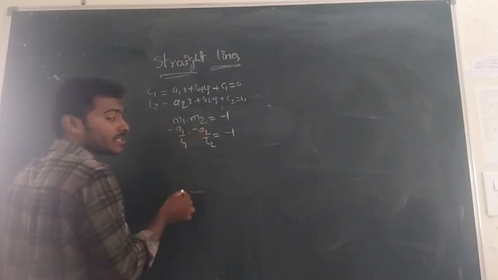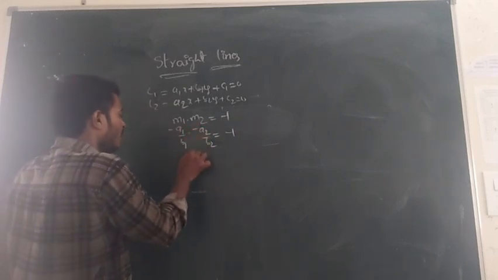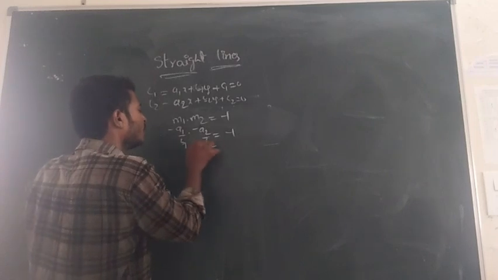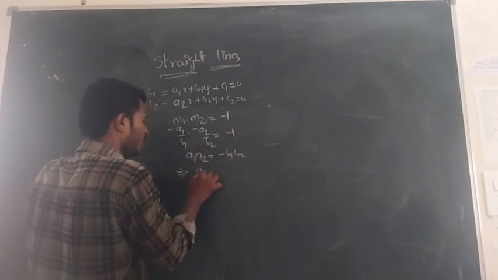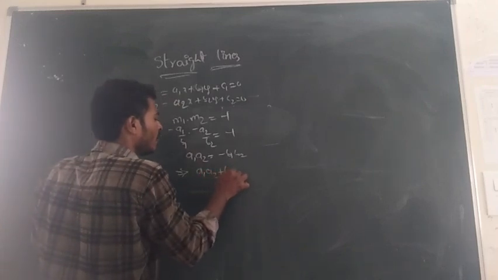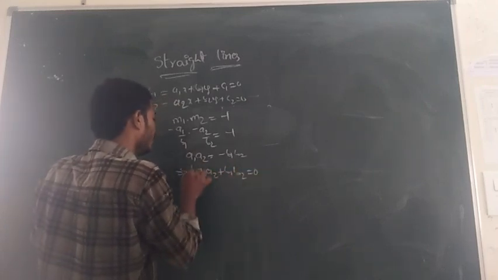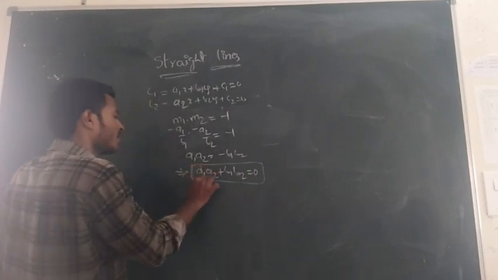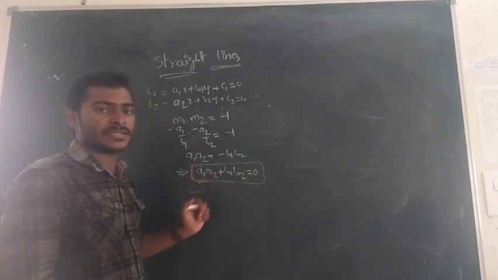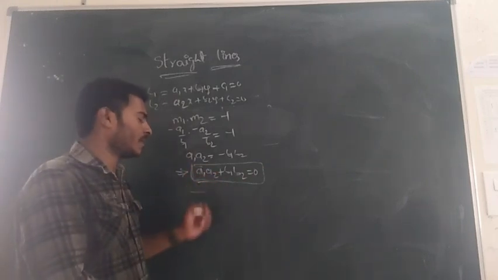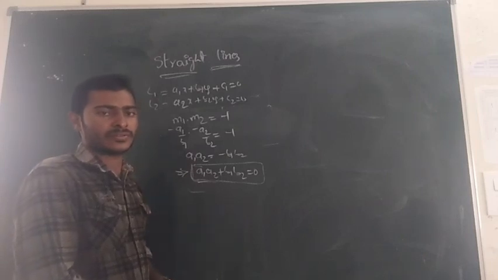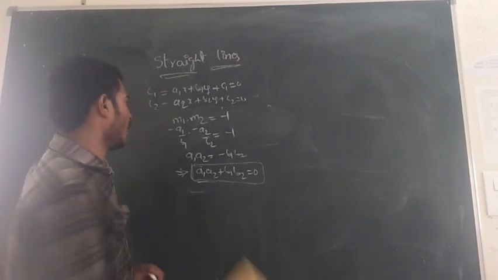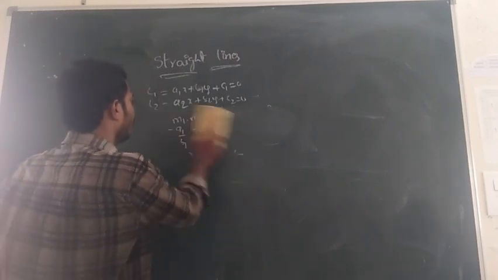This minus into minus becomes plus. Now A1 into A2 is equal to minus B1 into B2. From this, A1 A2 plus B1 B2 is equal to 0. This condition shows that the two lines are perpendicular.